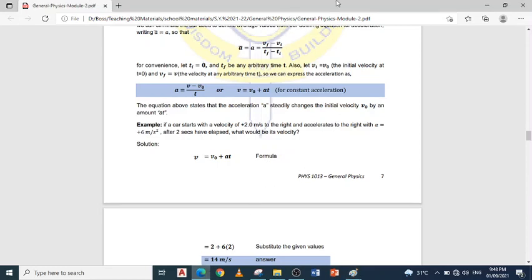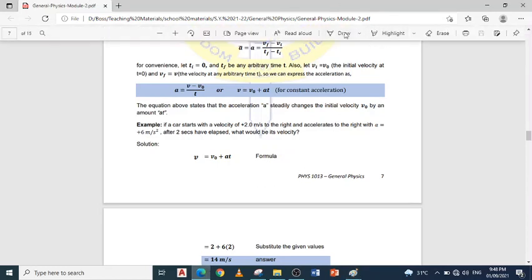So, what are the given? Ayan. The given is the car starts, sabi niya. Diba? Meaning, we have initial velocity, V sub 0, equals 2 meters per second, di ba?